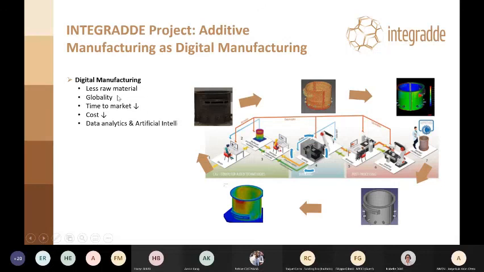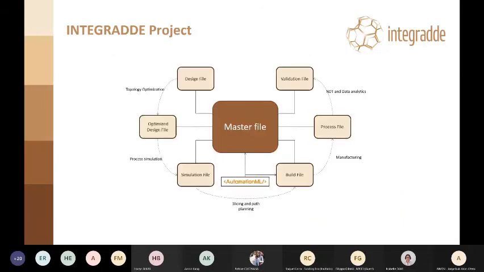So the idea with this additive manufacturing is to use less raw material and reduce time to market and also the cost of the component using data analytics and artificial intelligence. We are using for that a protocol, the AutomationML protocol, where we produce a master file where we store the design file, and through topology optimization, we get the optimized design file that also is part of this master file.